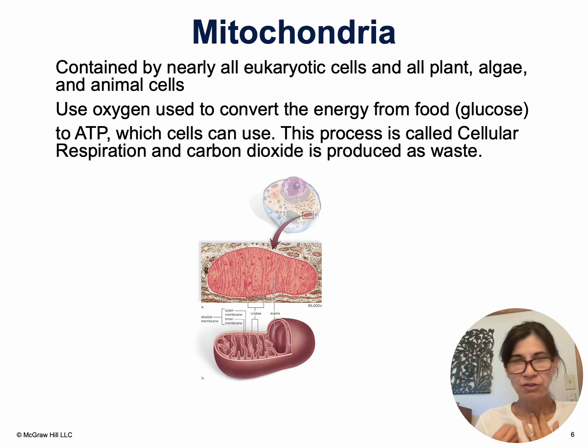Because we need oxygen to reach all of our cells. And that oxygen is used in the mitochondria. And remember we talked about glucose being the energy source in our blood? Well, that glucose goes into our cells, and with oxygen, that glucose gets converted into a molecule called ATP, and ATP is what our cells can actually use.